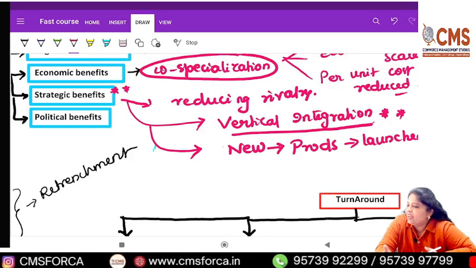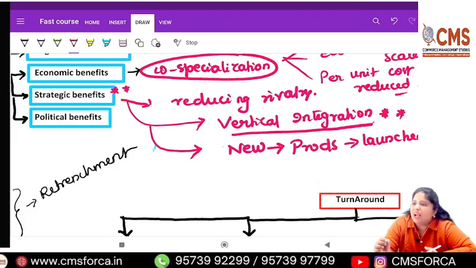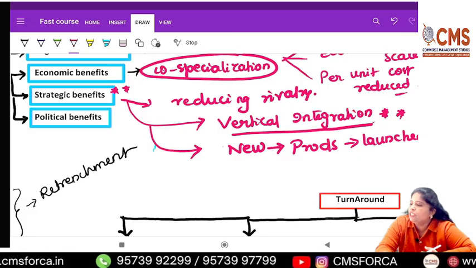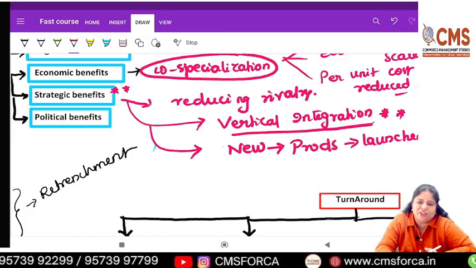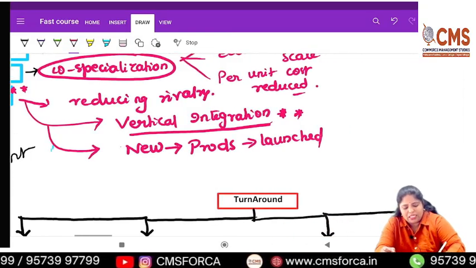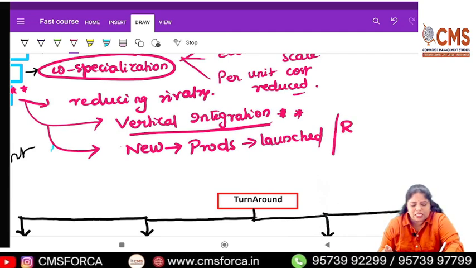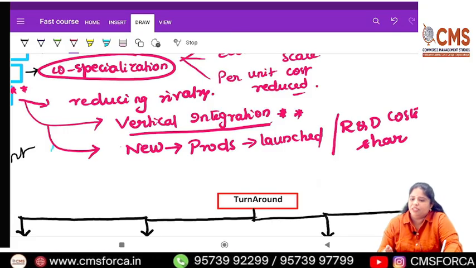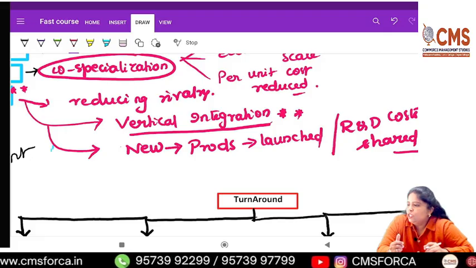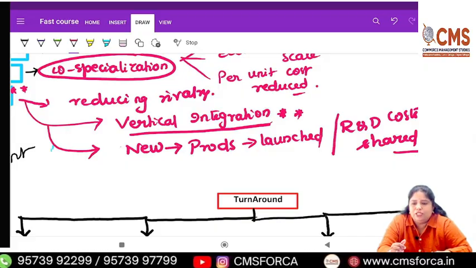Yesterday we concluded our session with innovation, and we mentioned that research and development should happen. And research and development is a very expensive affair. So if you form a strategic alliance, all these research and development costs can be shared by both parties. So overall, your research and development costs can be reduced.